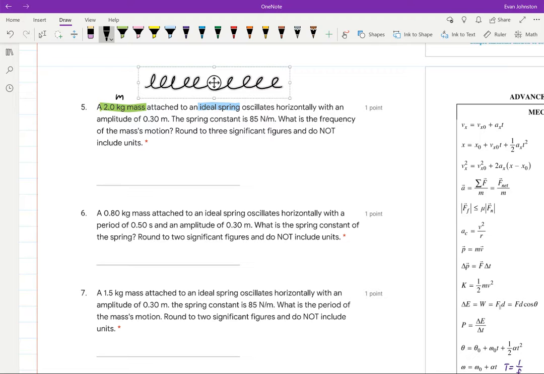If you have a paper clip at home, I would challenge you to go get one and start bending it back and forth. It'll snap, and once it snaps, you touch it, and it's warm where you touched it because there's friction in the metal itself. Now an ideal spring has none of that, so that's what this blue part is about. And we're given the amplitude, we're given the spring constant, we want to find the frequency.